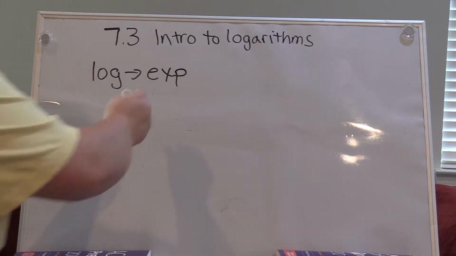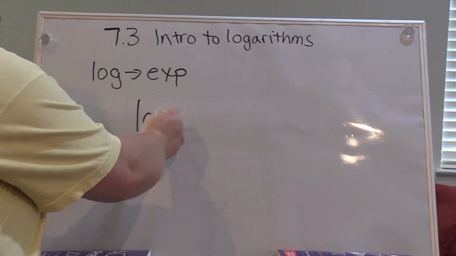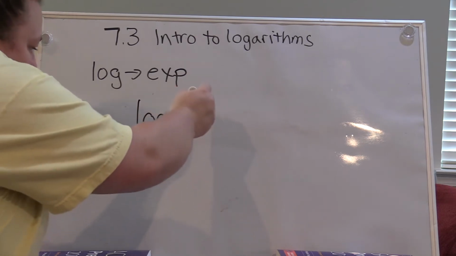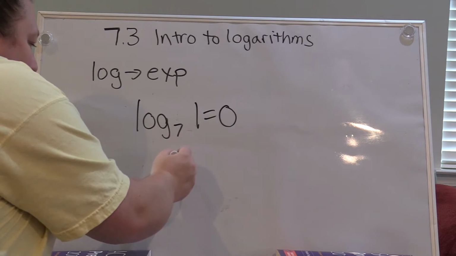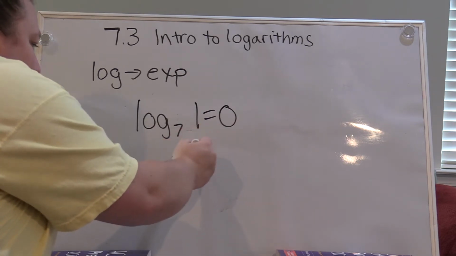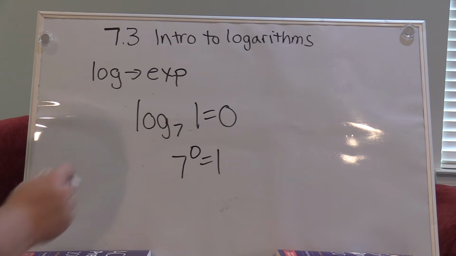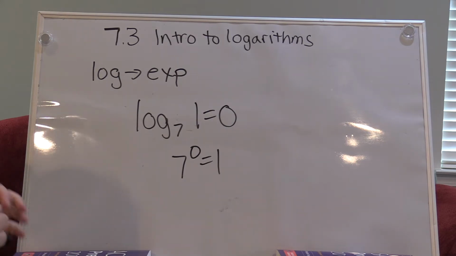Then if I have log base 7 of 1 equals 0, we have base to the exponent equals 1. Does 7 to the 0 power equal 1? Yes. So we're good.